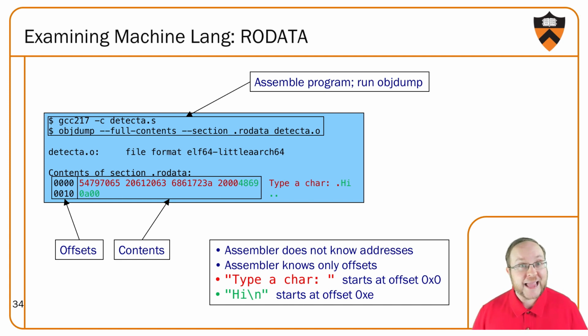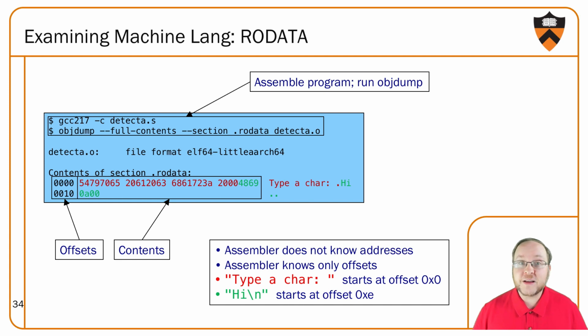So at this point, we can't have addresses, but we can have offsets, displacements from other things. In this case, the start of this file's entries in RODATA. This file's entries in RODATA will eventually be combined with other files' RODATA sections, but they will be held together, they're contiguous.